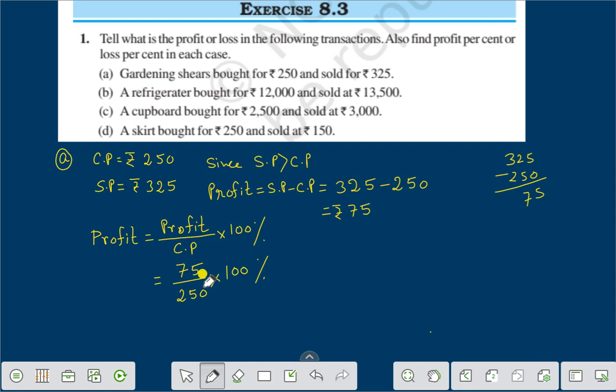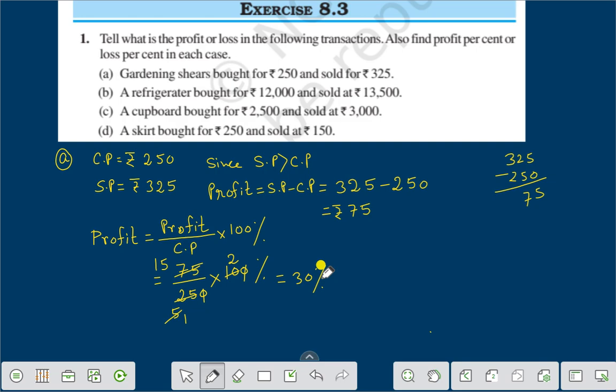Now this 0 will be cut, this 0 and this 0. If we cut by 5, 5 2s are 10 and 5 5 is 25. If we cut this one, 5 is 5, 5 1 is 5, 5 5 is 25. 15 into 2, that is 30%. Their profit is 30%.